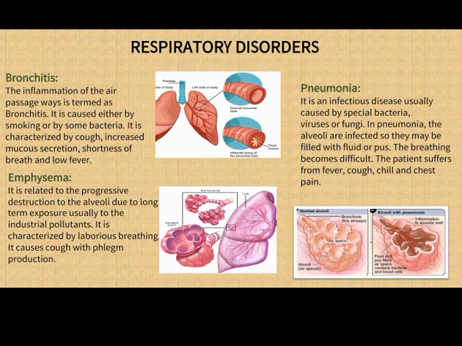The alveoli lose their normal elasticity and become balloon-like, swelling up and causing emphysema. This is because of continuous exposure to chemicals, like the industrial pollutants written here, which means laborers working in industries may become targets of emphysema.